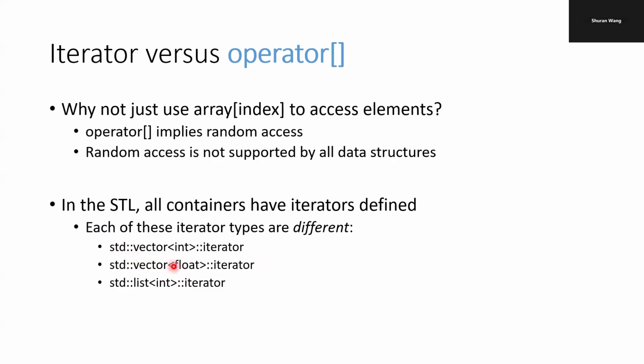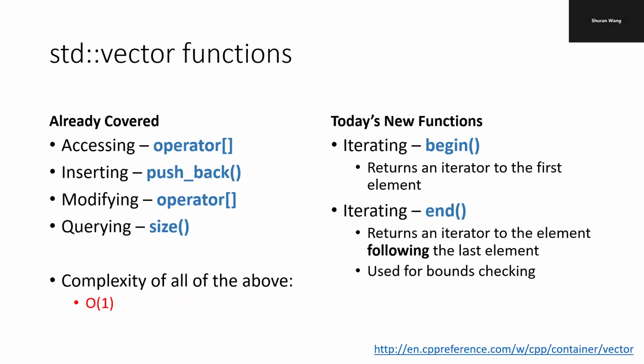So a vector of int is different from a vector of float. They're different classes. And the iterator classes under them are also different. std::list also has iterators defined. They're all different classes. They're just called iterators, just to be consistent. And different iterators support different operations, and we'll see them coming.